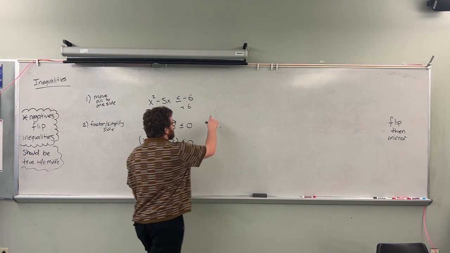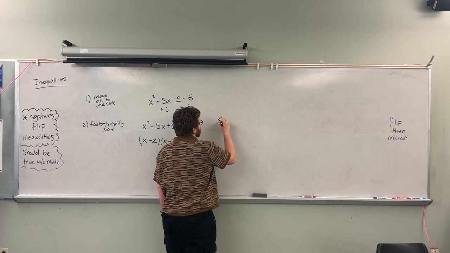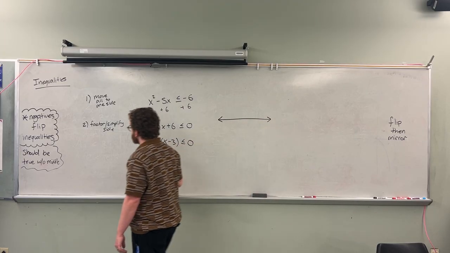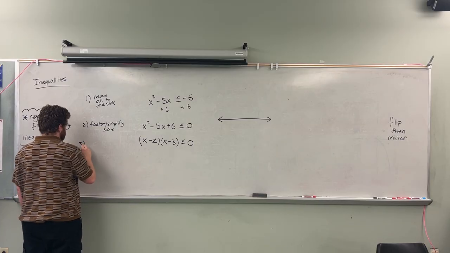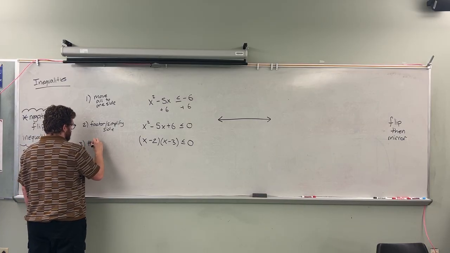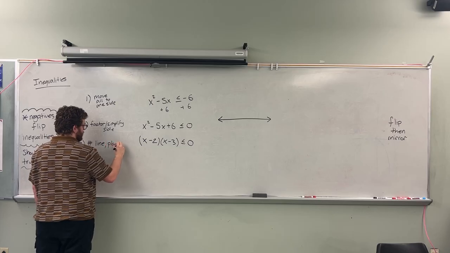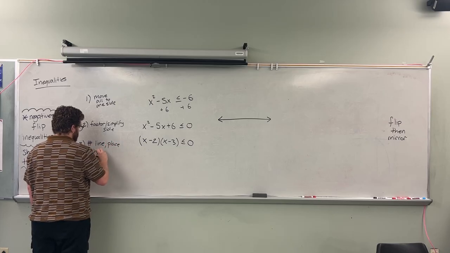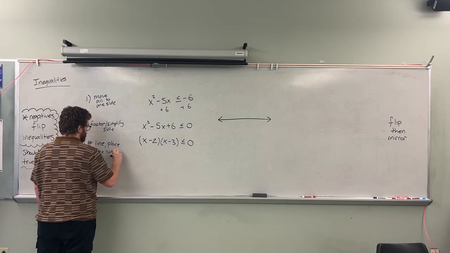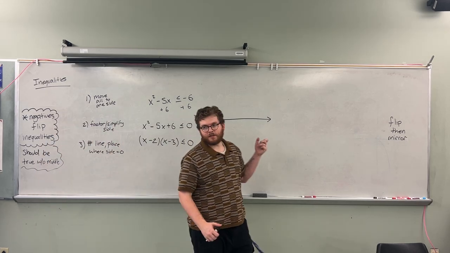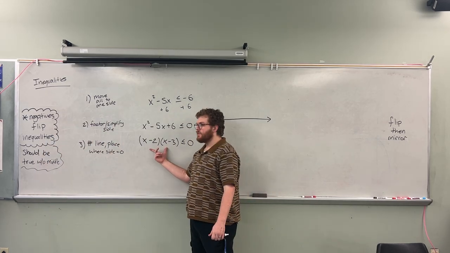And now I want to draw out my number line. So number line, place where side equals 0. I want to label on here the points that are going to make this equal to 0.